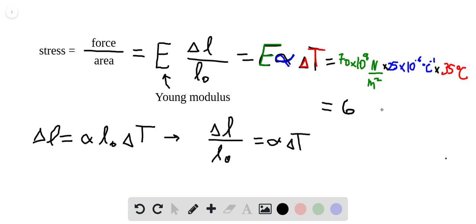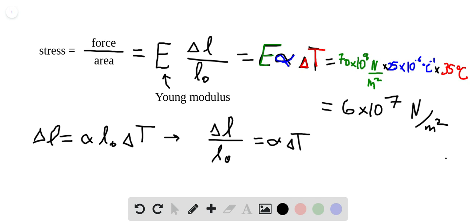6 times 10 to the 7 Newton per meter square, which is actually different than what I have from the manual.